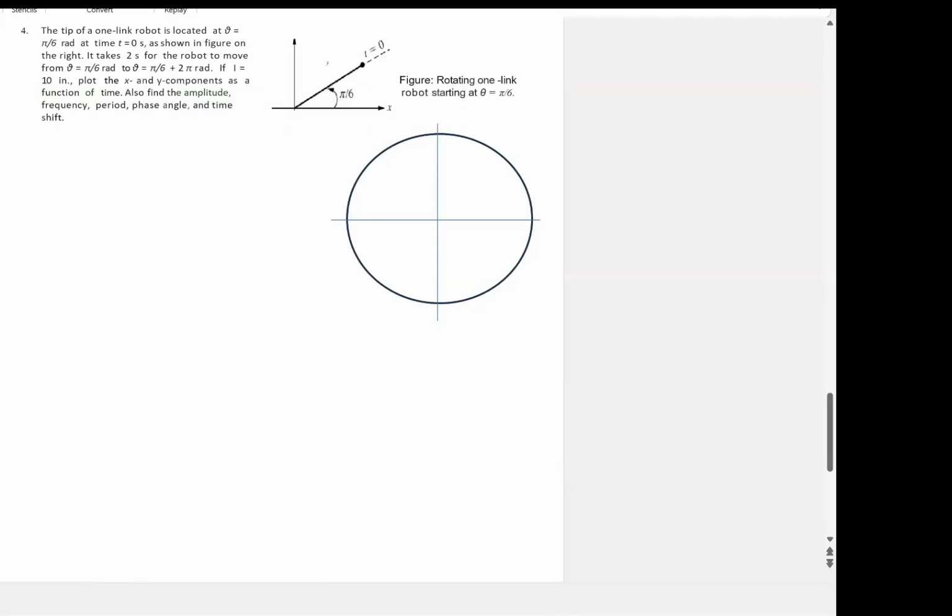Number 4, the tip of a one-link robot is located at theta equals pi over 6 radians. Let's call that pi over 6.